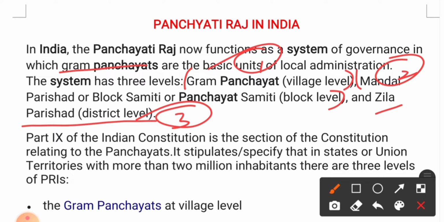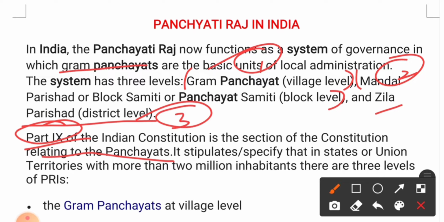Part 9 of the Indian Constitution is the section relating to the Panchayats. Okay, so which part of the Indian Constitution? That is part 9, relating to the Panchayats in India. It stipulates, means it specifies, that in states or union territories with more than 2 million inhabitants, there are three levels of PRIs, that is Panchayati Raj.